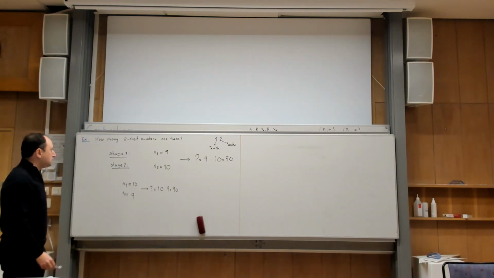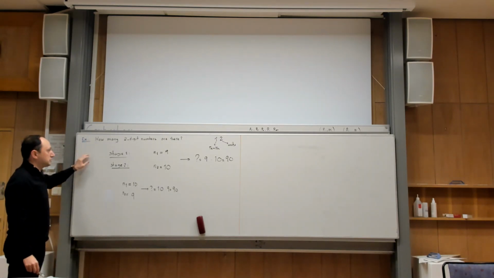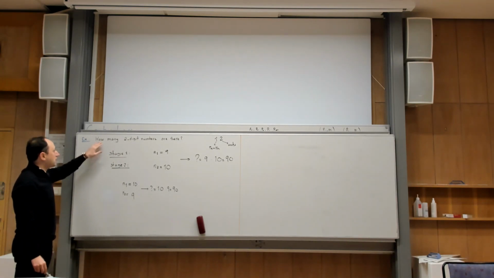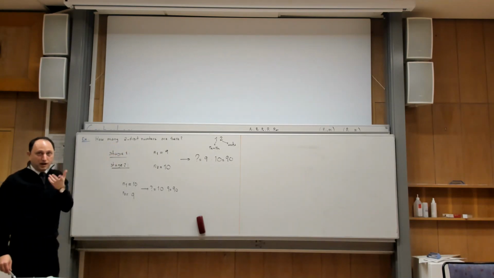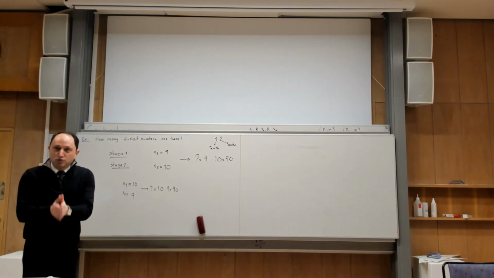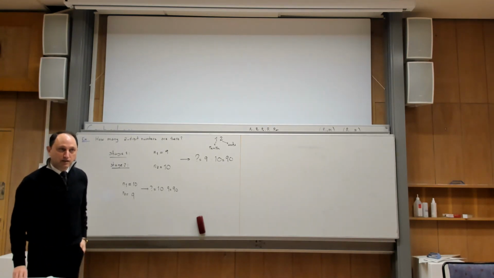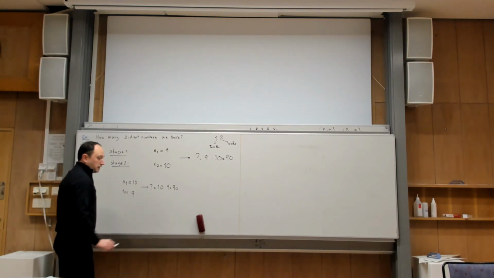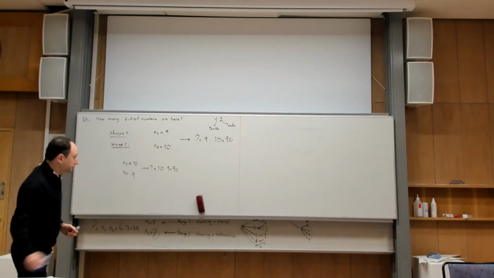Okay, so let me now make this problem a little bit more interesting. Of course, even in this case, it is very simple. Assume that I am asking you this question: how many two-digit numbers are there without repeated digits? Of course, this question is also very, very simple to answer. But let me write this down.